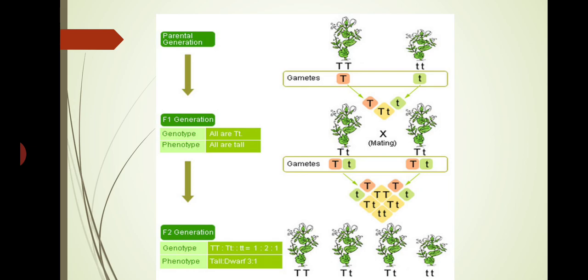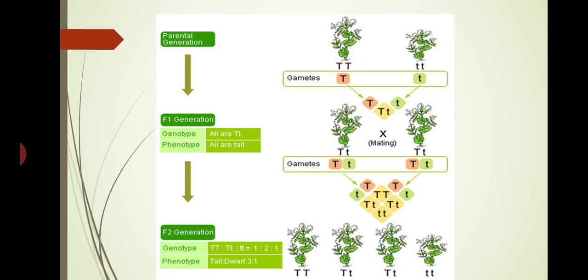See, this is the experiment: capital T and small t produce the F1 generation, capital T small t, which is selfed to form the following generation: capital T capital T, homozygous tall; capital T small t, heterozygous, also tall; and small t small t, homozygous recessive, dwarf.